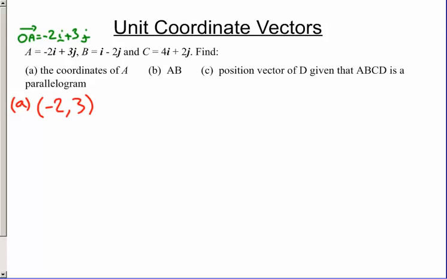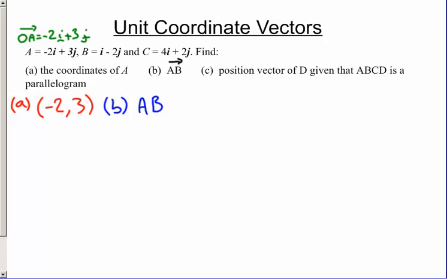In part B, we're asked to find the vector AB. That question should, of course, have an arrow across the top there. Let's add that in. So we're trying to find the vector AB, and to do that, we can use what we saw in a previous lesson.